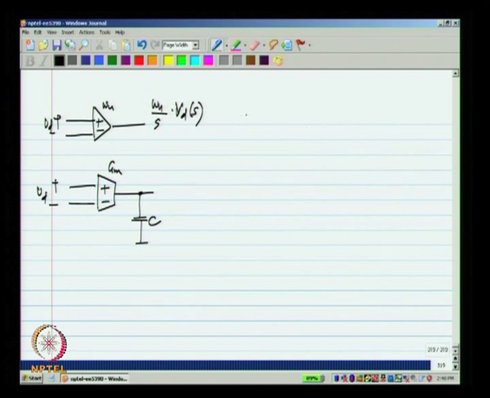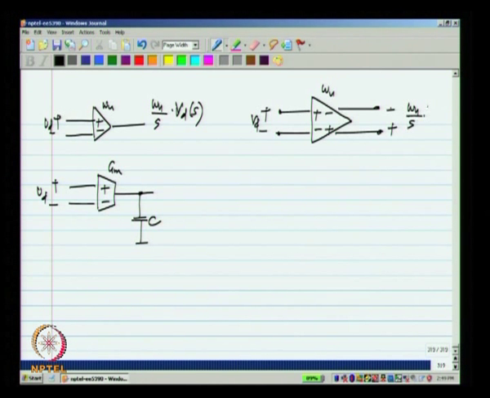Now, when we want to make a fully differential op amp, the principle is the same. Let us say the unity gain frequency is omega u, then the total output voltage will be omega u by S V d of S. That is what we would like ideally. The op amp is an integrator.